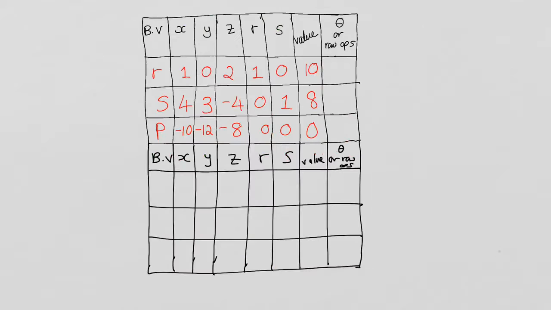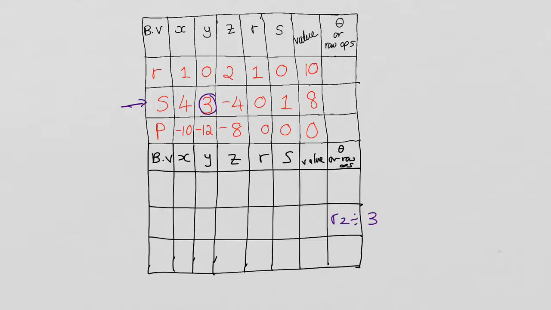So in order to do that, I will want to take my, I'm going to use a different colour by the way, just so this kind of stands out. I'm going to take this row here, because that's the pivot element. I'm going to take row 2 and I'm going to divide it all by 3.